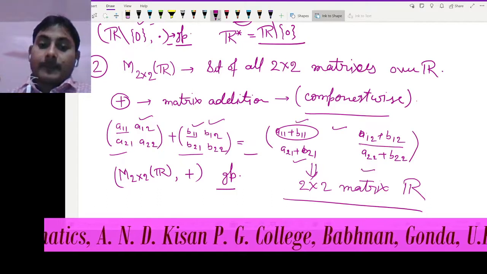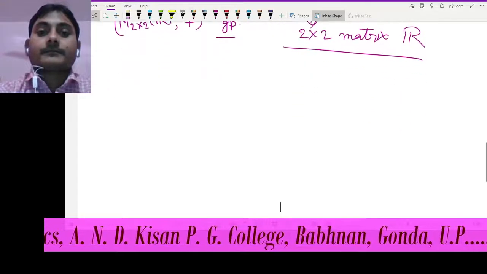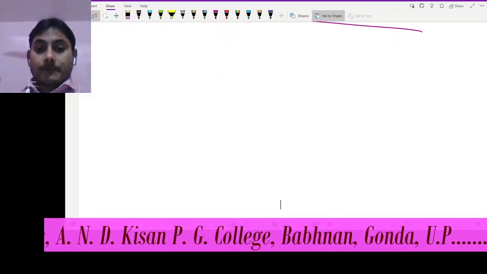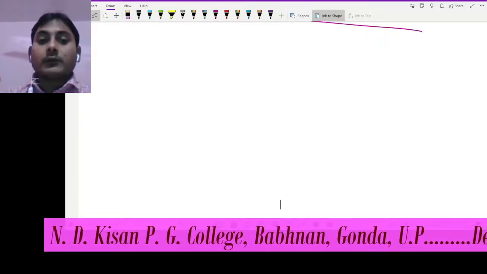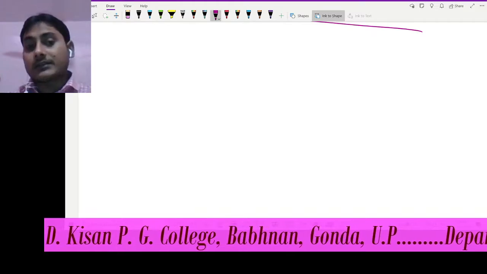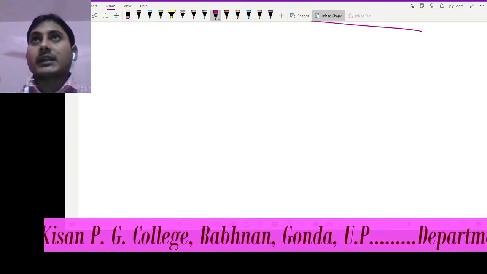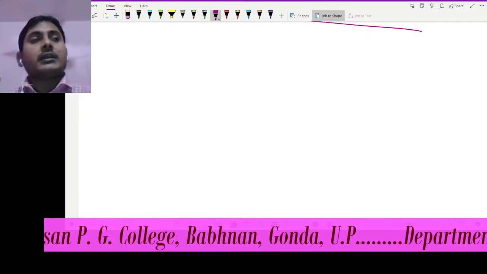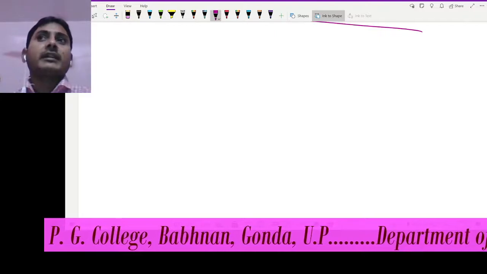Okay, now I'm moving further. Because you have already learnt about matrices, you know that matrices satisfy the associative property. You can add matrices in any order by grouping them in any order.